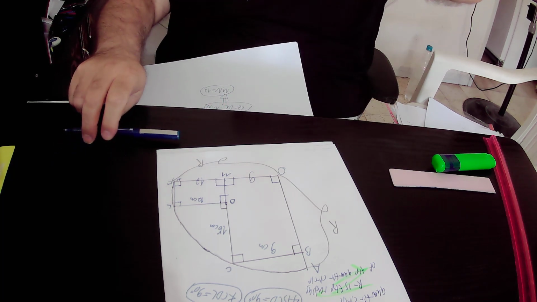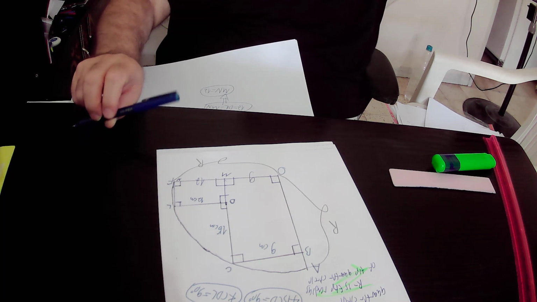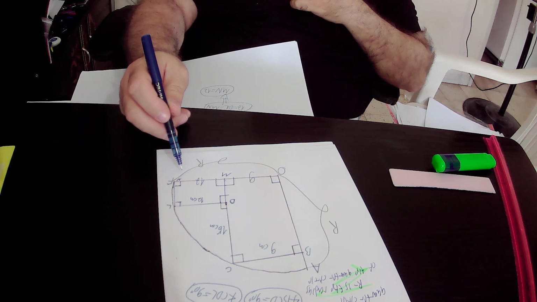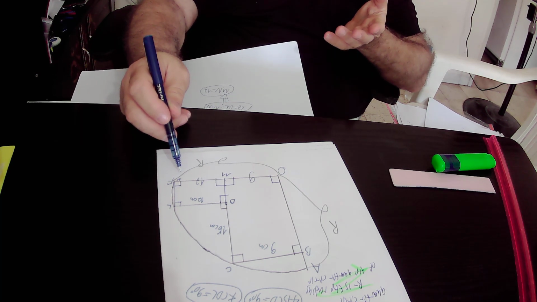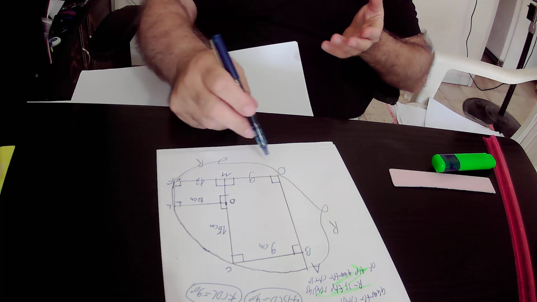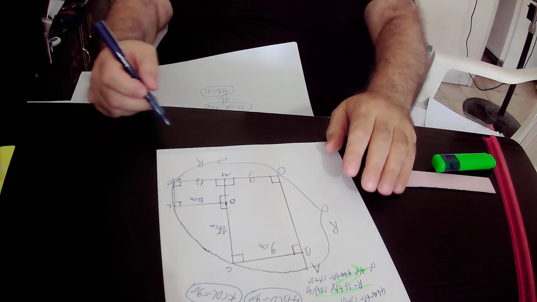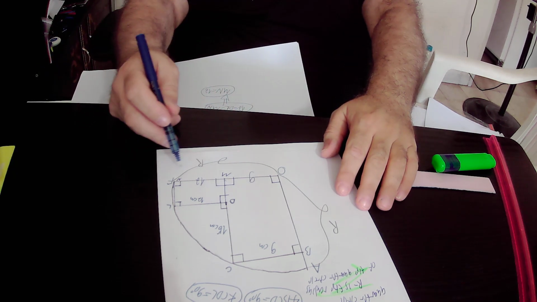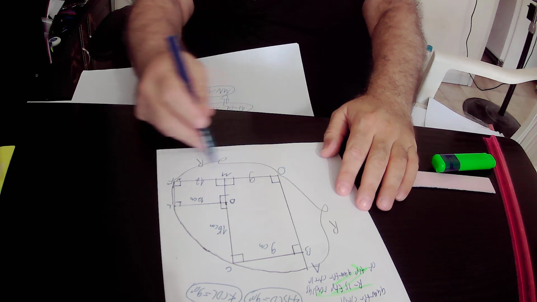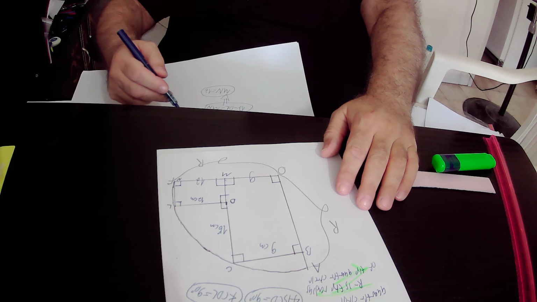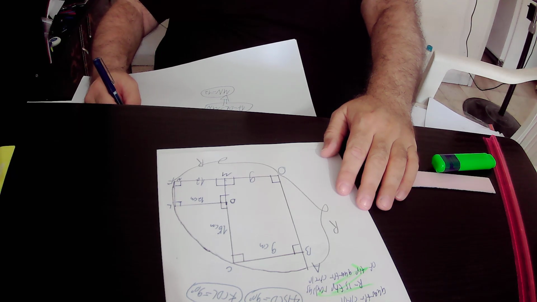Okay, so here we found out that MN equals 12 units, MO equals 9 units, so we can write down that line segment ON is equal to 9 plus 12, it is 21.